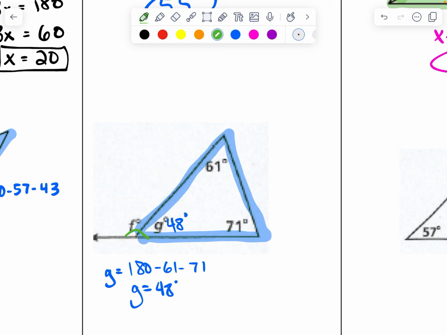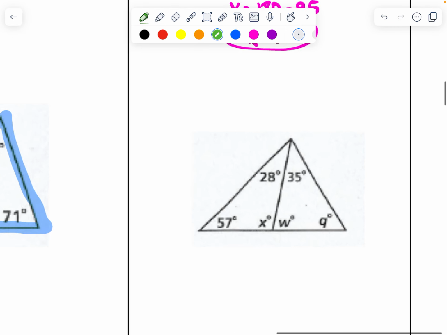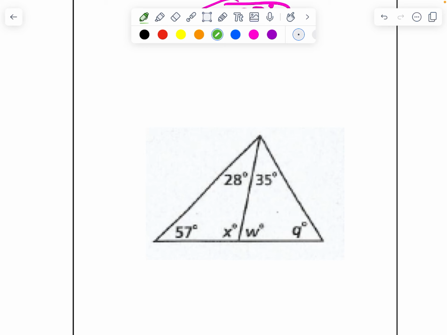And then F is on the outside here, so I can do 180 minus 48. 132. F is 132. Gorgeous. All righty then. Oh, these are not hard at all. We can do this.